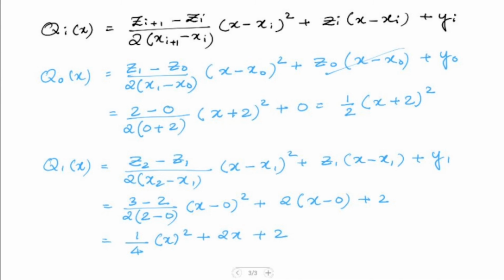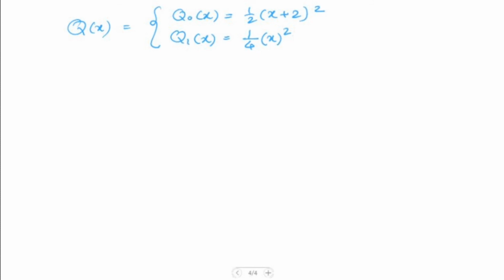So we got both the splines now, and we can write it in a better way. Q(x) is equal to the 2 splines: Q0(x), which is equal to 1/2 times (x plus 2) squared, and Q1(x), which is 1/4 times x squared plus 2x plus 2.